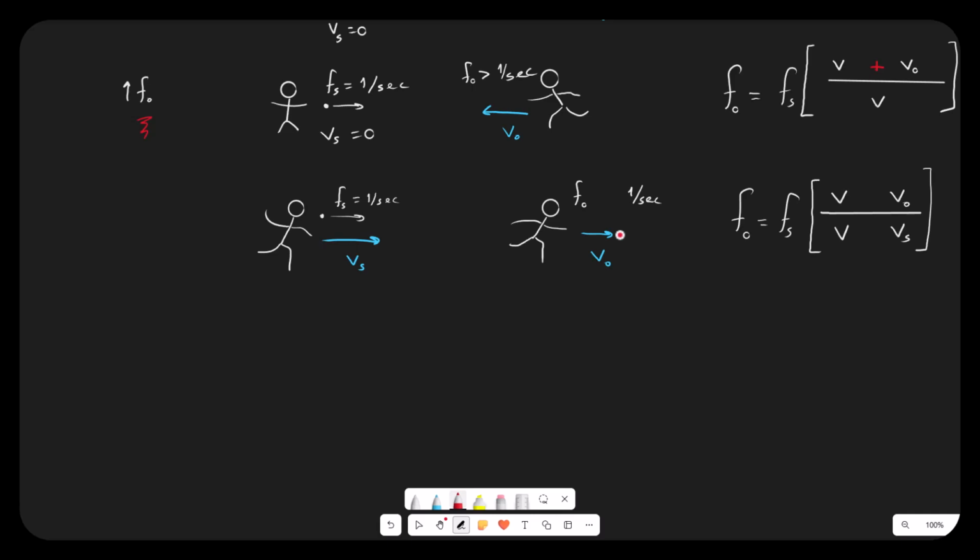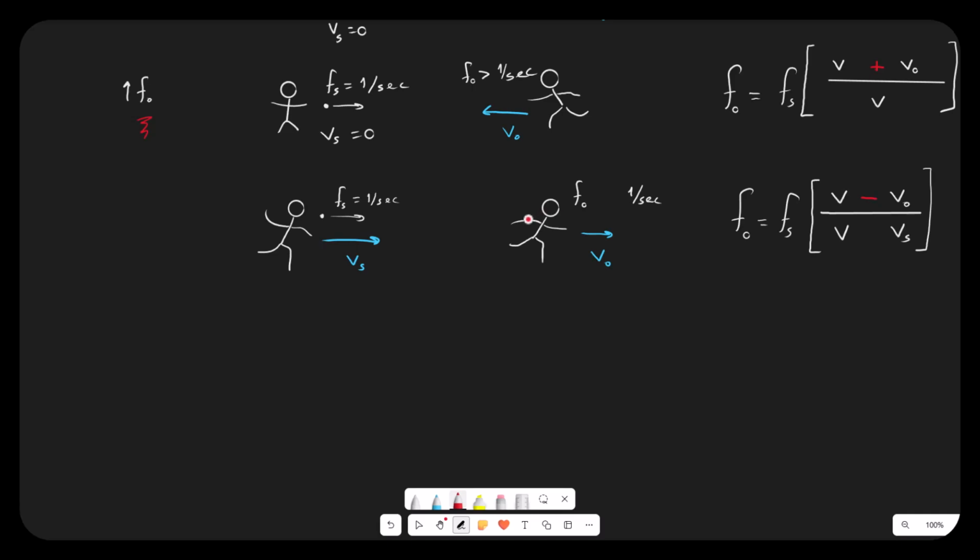But this part isn't bad. I'm going to start with the observer, so I'm going to ignore the source. Let's pretend for a moment the source is standing still. If the observer is running away, then my frequency observed should be decreasing, which means I want a minus in the top of my fraction.